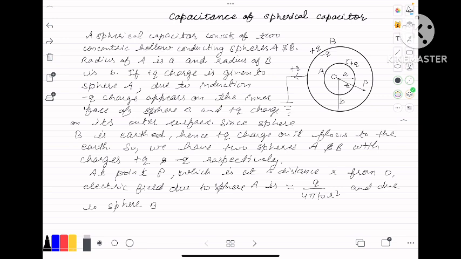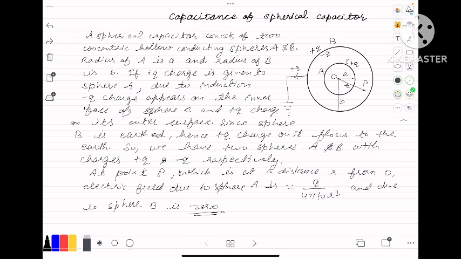Why 0? Because we know that the charge inside the conductor is always 0. Charge always resides on the outer surface, so charge inside the conductor is 0, and hence electric field inside the conductor is 0.